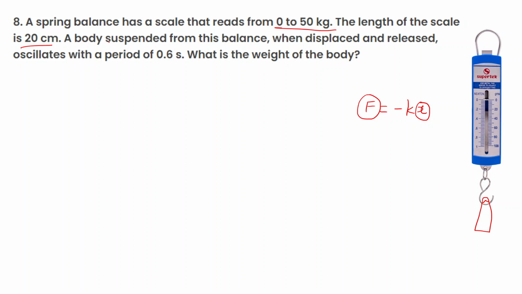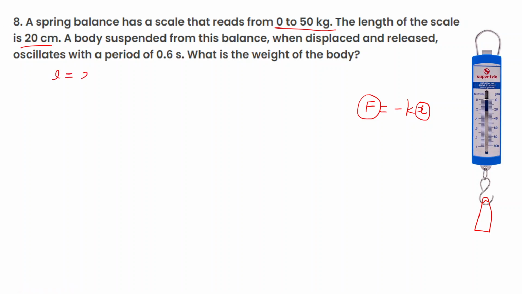So a body suspended from this balance, when displaced and released, oscillates. Again it will be oscillating with a period of 0.6 second. What is the weight of the body? The scale reads from 0 to 50 kg, that is the maximum weight it can show. The length of the scale is 20 centimeter.